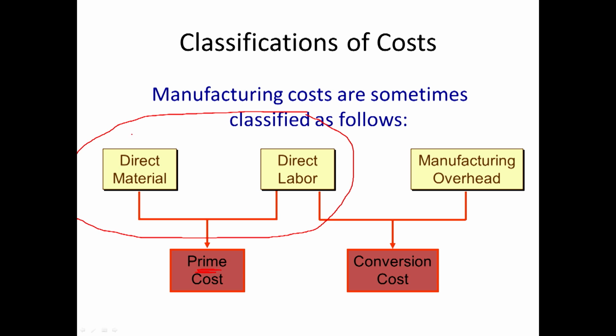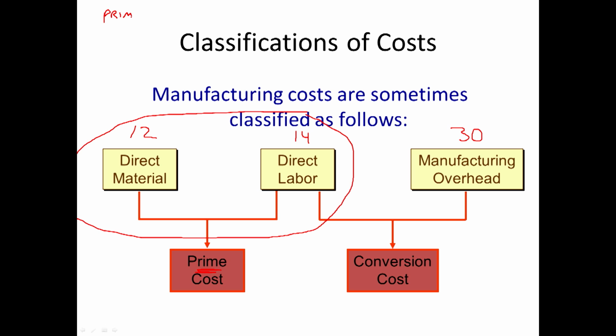So if your direct materials were $12 per unit and your direct labor was $14 per unit, and let's say your MOH was $30 per unit. Well, some companies would just differentiate, well, what would our prime costs be?